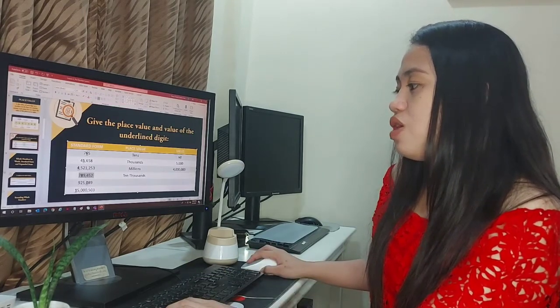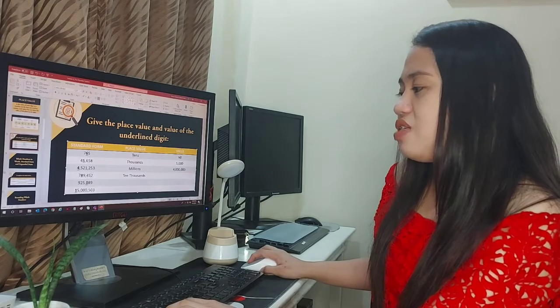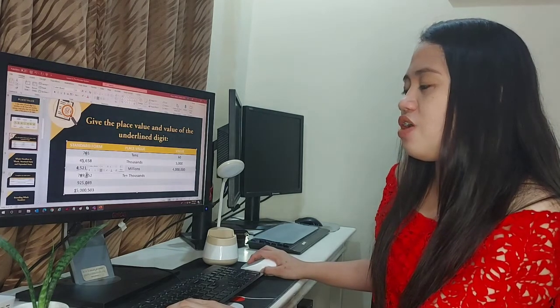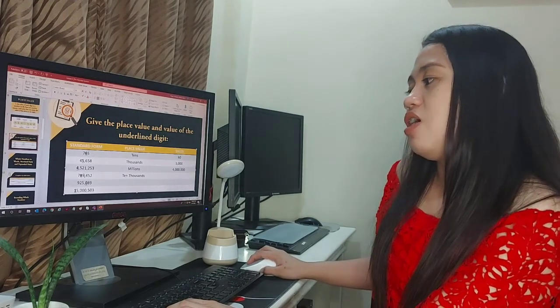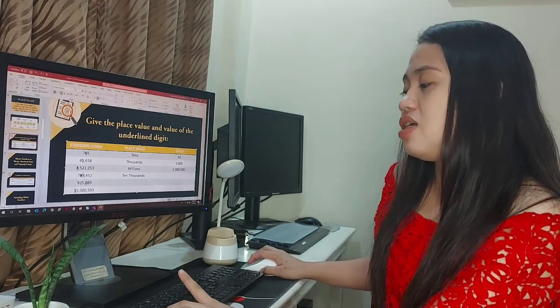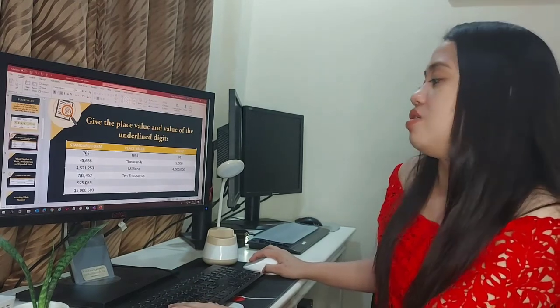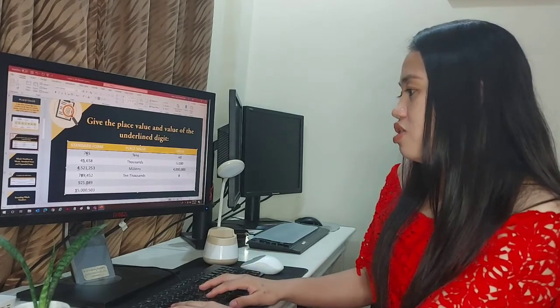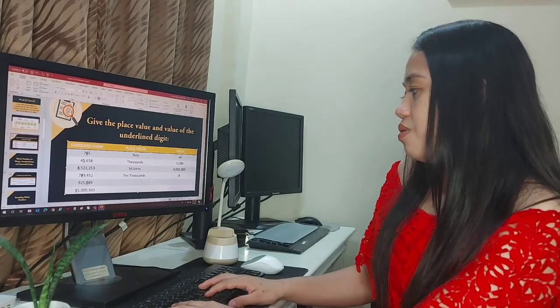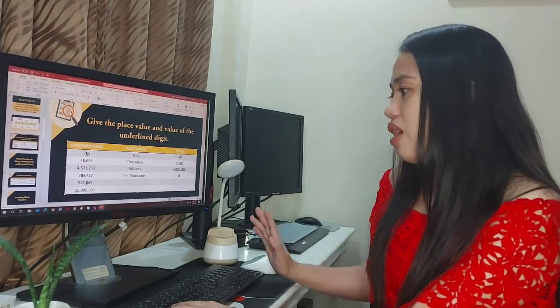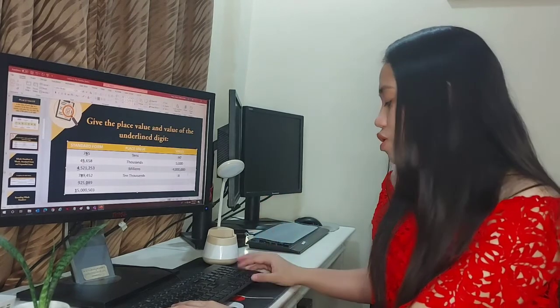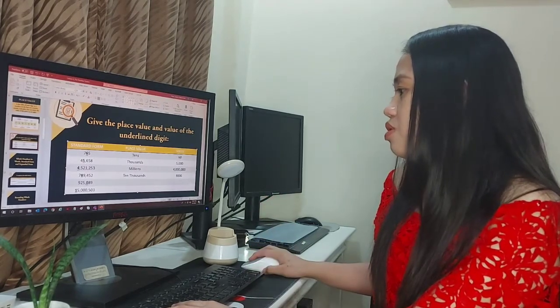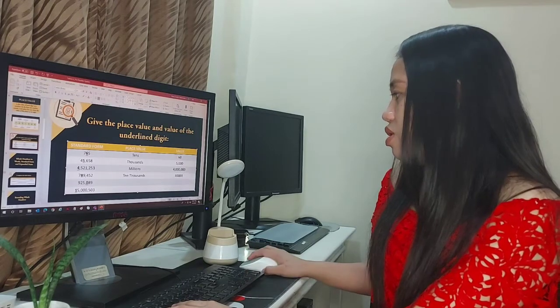We have 2 as ones, 5 tens, 4 as hundreds, thousands, yung 9, and then yung 8, 10,000s. And its value is, just copy 8, and how many digits are there? So right nung 8, we have 1, 2, 3, 4. So we put 4 zeros.